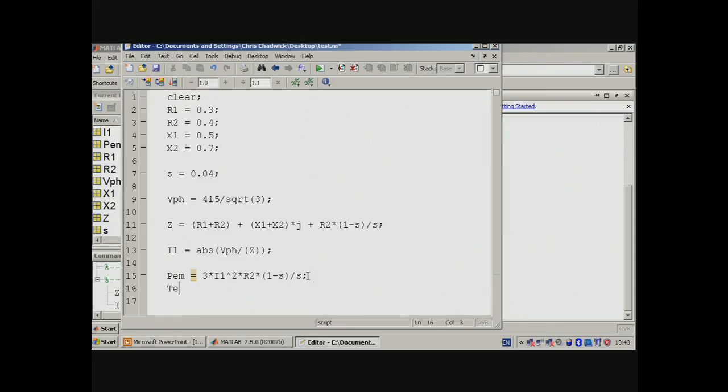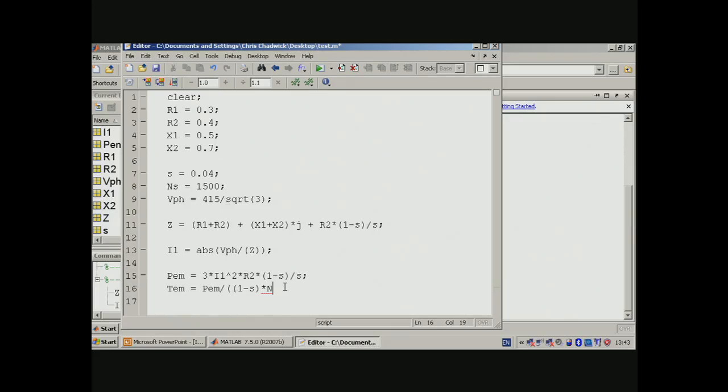And the electromechanical torque is the electromechanical power divided by speed, which is (1 minus S) times the synchronous speed. Let's say the synchronous speed, Ns, was 1500, for a 4-pole induction machine.